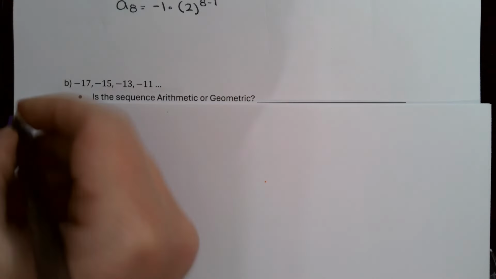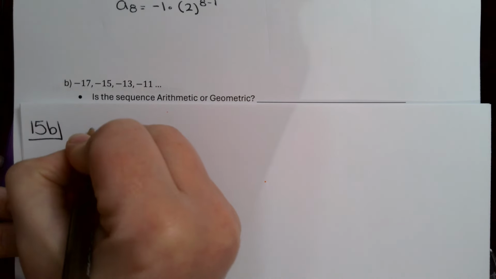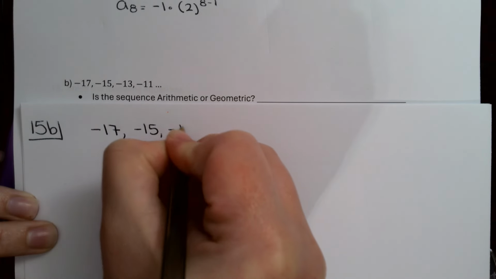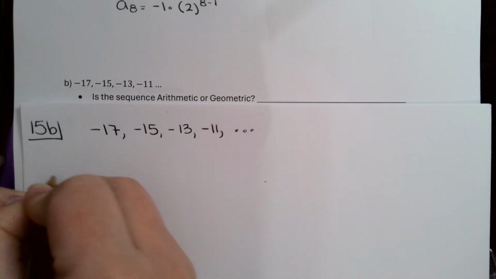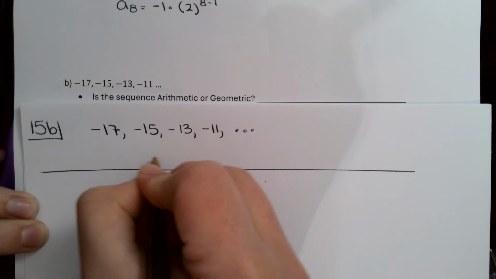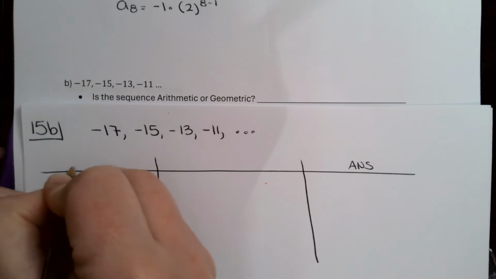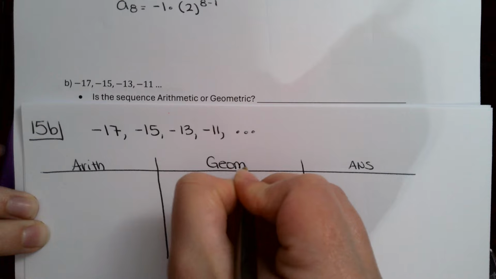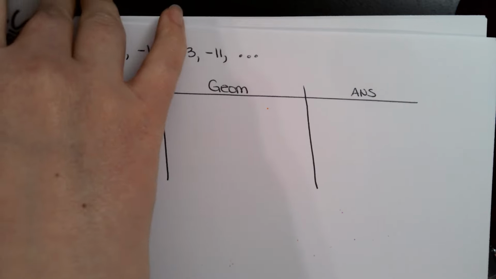15b is still asking us, is this arithmetic or geometric? We got -17, -15, -13, -11, dot, dot, dot. We're going to be doing our test for arithmetic or geometric, and getting our answer. Again, we're doing our right minus our left, our right minus our left, and then we're doing the right divided by the left.